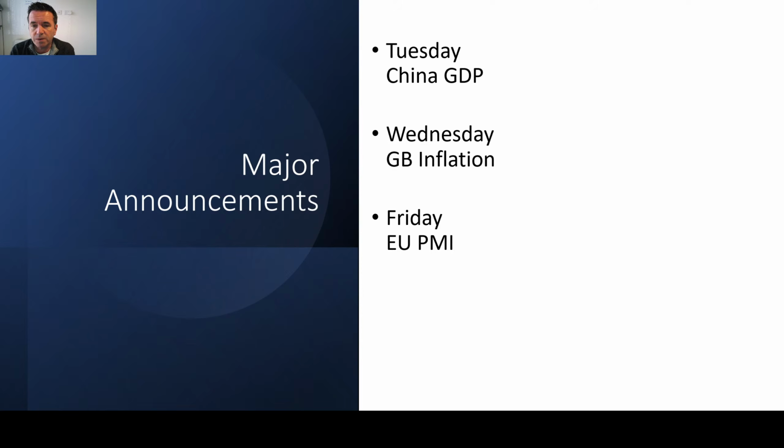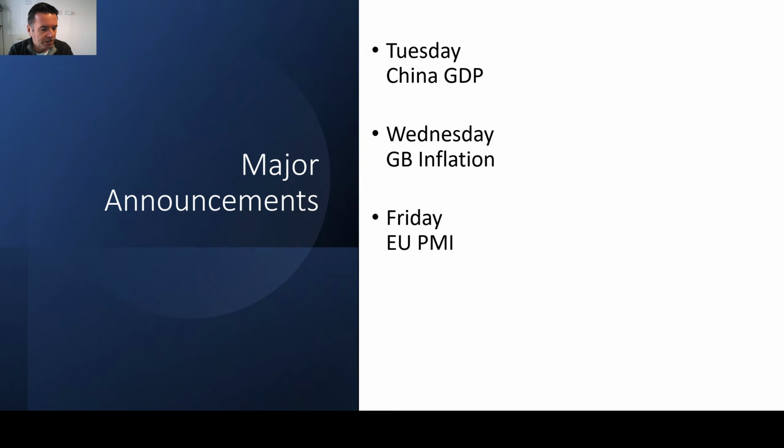It's quite a bit next week. I've picked out three fairly important things. So Tuesday, China GDP. How healthy or not is the Chinese economy? Could be interesting. Wednesday, UK inflation. And we saw the volatility this week off those US inflation numbers. Let's see what next Wednesday's inflation in the UK looks like. We did see US inflation dropped to a 2-year low, wasn't it?